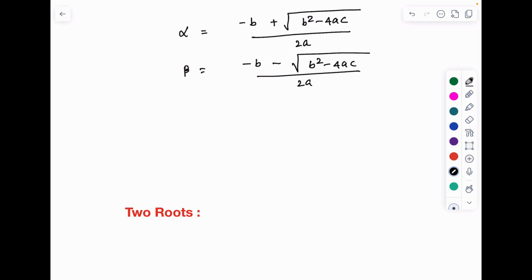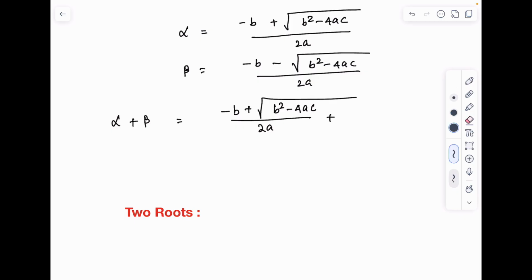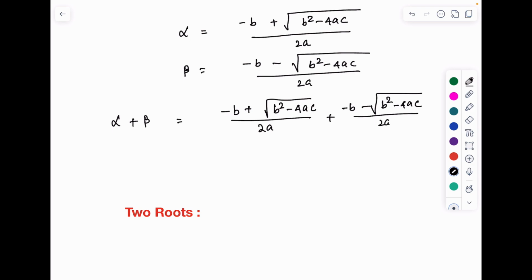Next we will take the sum of the two roots. What will we get as the sum of two roots? Sum of two roots means alpha plus beta. We can write minus b plus the square root of b square minus 4ac by 2a, plus minus b minus the square root of b square minus 4ac by 2a.